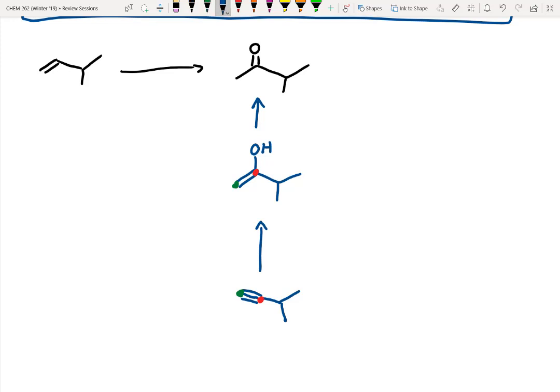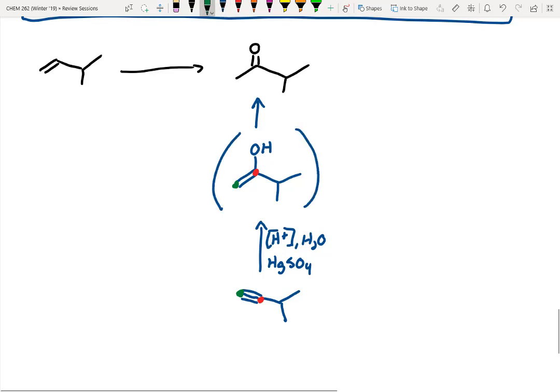Remember, this is Markovnikov. For alkenes, if you remember, we needed acid and water. We said acid and water doesn't have enough oomph for an alkyne. We had to add in something else. Yeah, HgSO4, mercury(II) sulfate will accomplish that. So in this reaction, you will go through this enol, but then that enol will quickly tautomerize into the ketone, and we just practiced doing that mechanism a few steps ago, right?